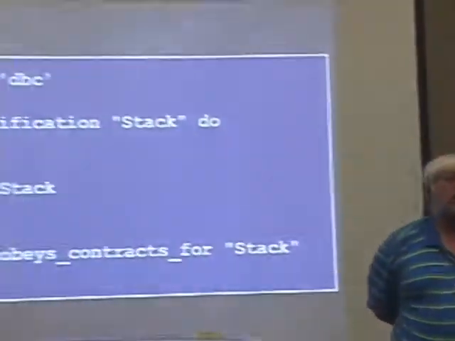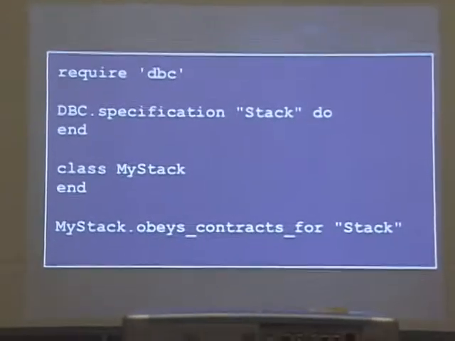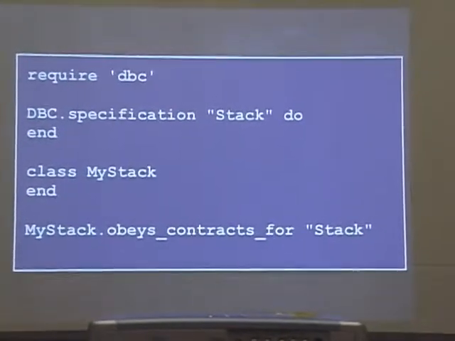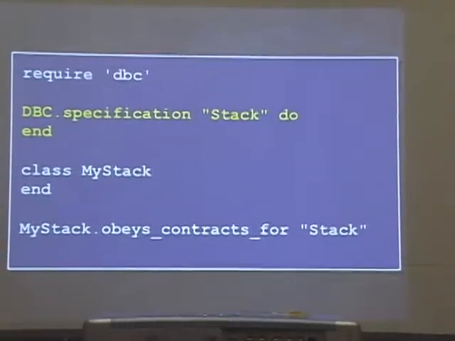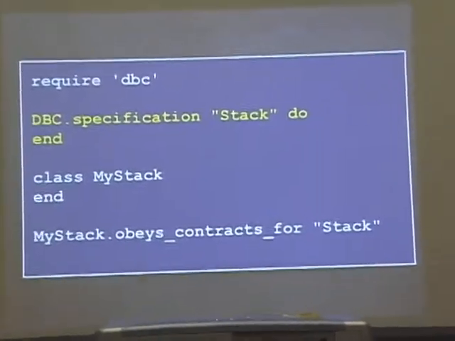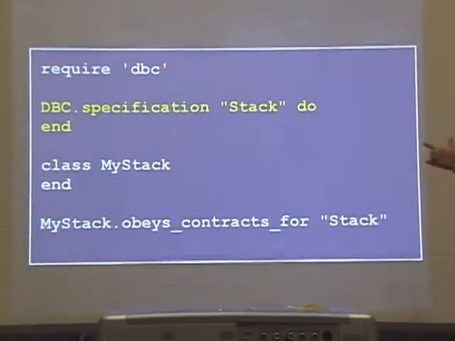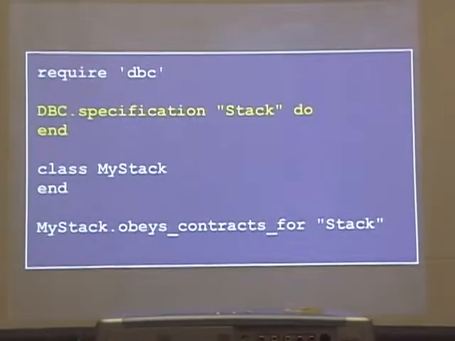So, you start off with everything empty. There are just three parts to this framework when you write a contract. You start off with a design by contract specification, and this is certainly empty, but it's a specification for stack.